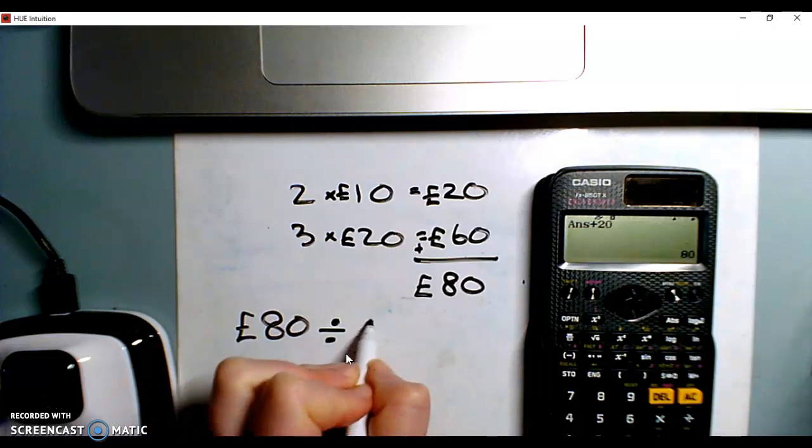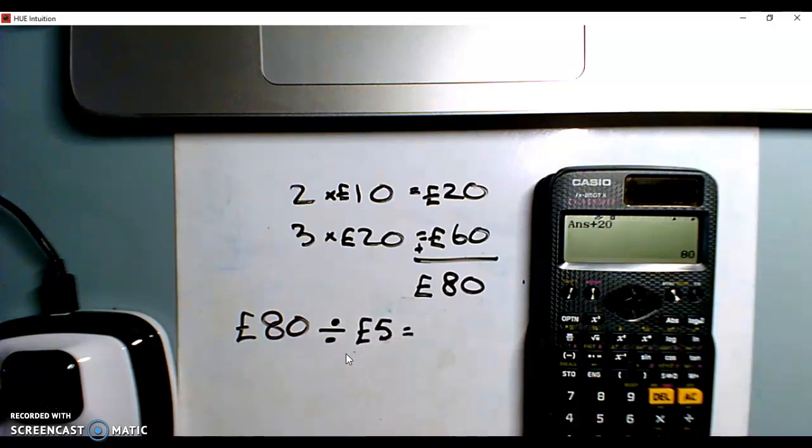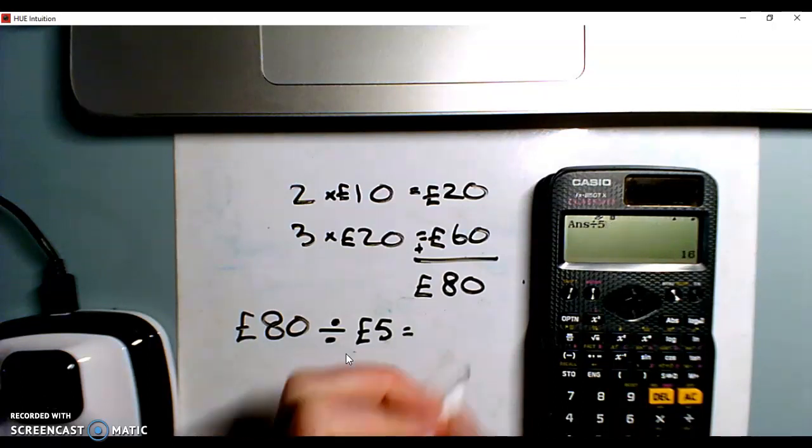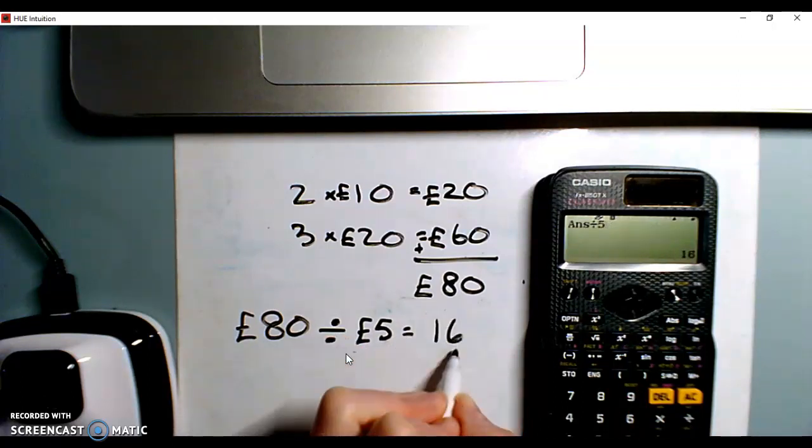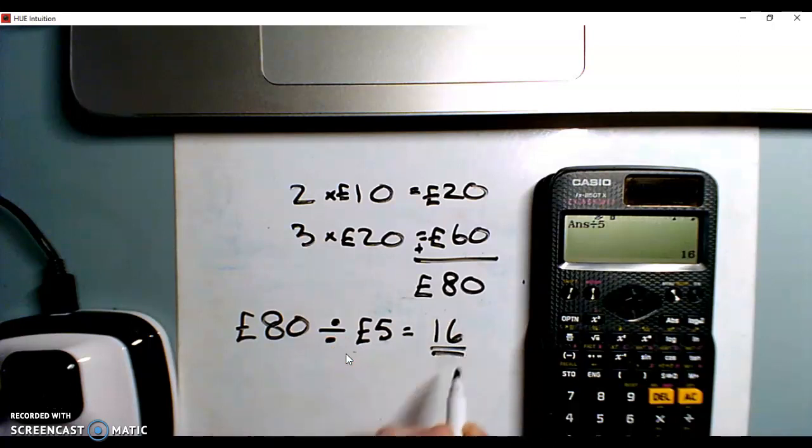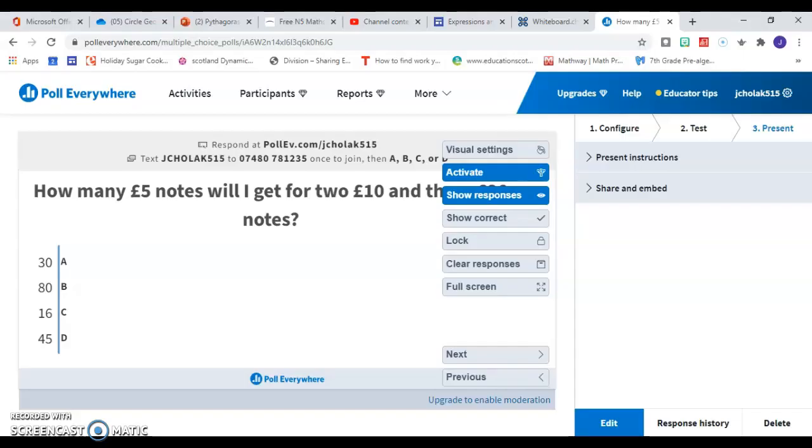So I'm going to divide by 5 pounds. And when I do that, I'm going to get 16. I need 16 5-pound notes to make 80 pounds. So that's how we do these forms of questions. Let's look at the next one.